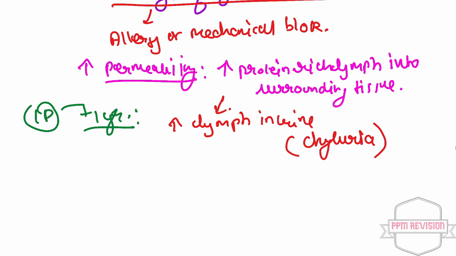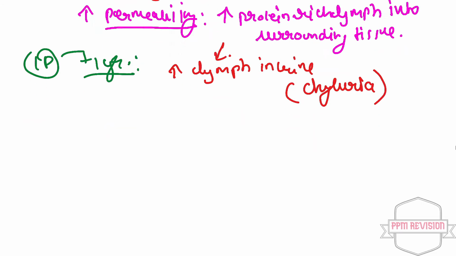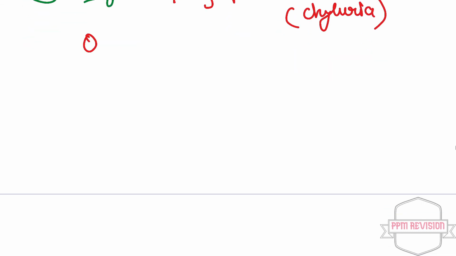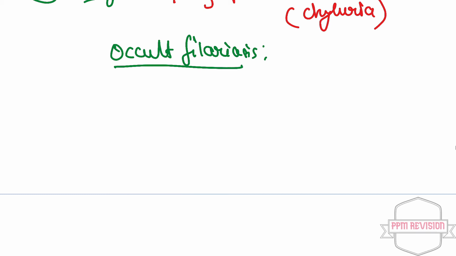The period from entry to stage 3, that is the infective stage, until microfilariae appear in the blood. Now another point to note is there is occult filariasis. So this is nothing but it is due to the hypersensitivity reaction to microfilarial antigens.